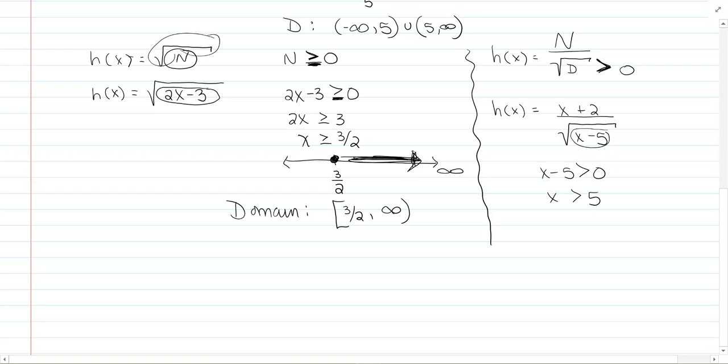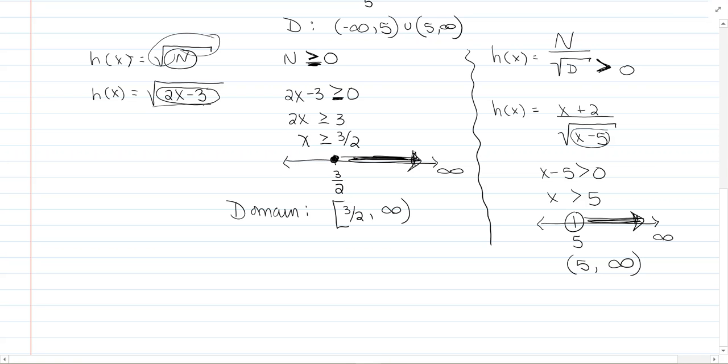X has to be a number bigger than 5. So when you give me an interval notation, and I'm going to graph it first, I'm going out to positive infinity with an open dot on the 5. This is going to go from 5 out to infinity. No bracket.